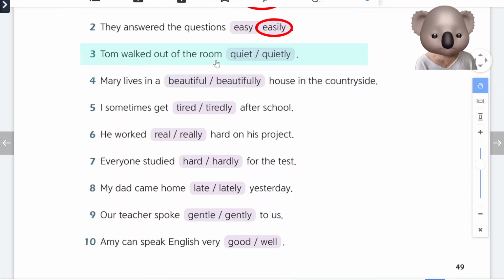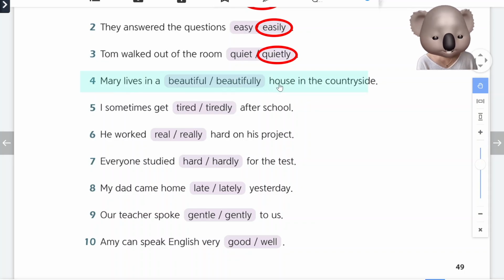Tom walked out of the room. 어떻게? 조용하게. quietly. Number 4, Mary lives in a beautiful house in the countryside 또는 in a beautifully house in the countryside. 아름다운. We're describing the house.